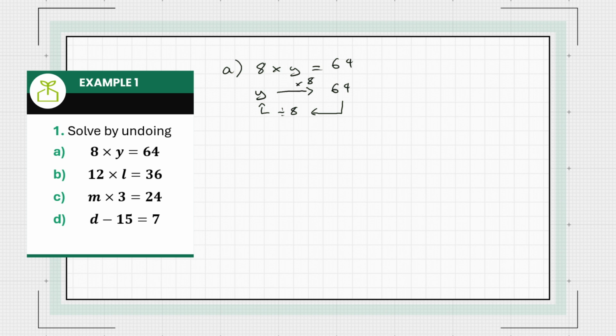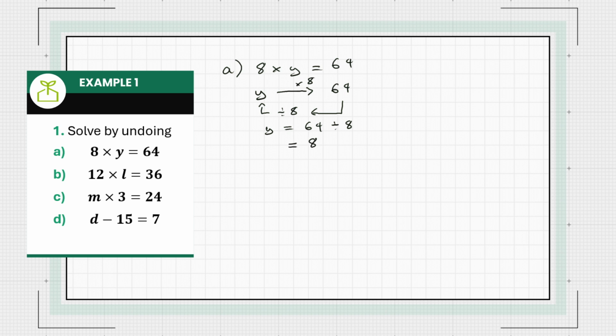So you can do multiple steps like this. It doesn't just have to be one, it can be multiple. So let's get started. So instead of doing 8 times y, we're going to do 64 divided by 8 should give us y. Y should equal 64 divided by 8. And 64 divided by 8 is just 8.